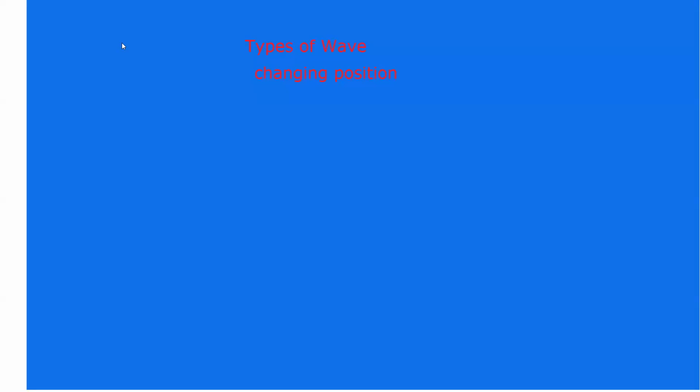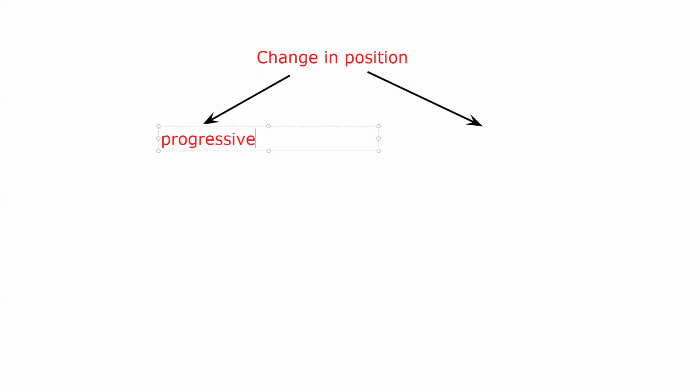When the wave changes position from one place to another, we call it a progressive wave. And some waves do not change their relative position to the surroundings, we call them a standing wave.